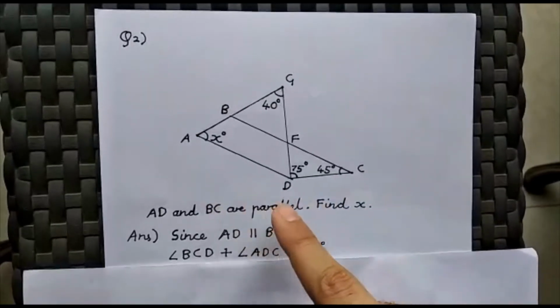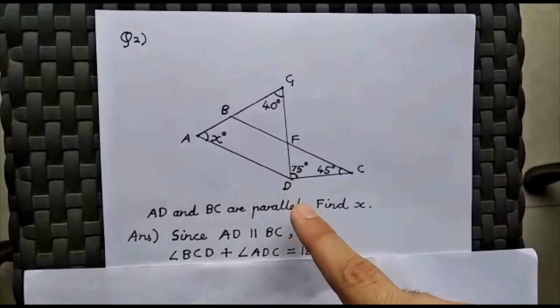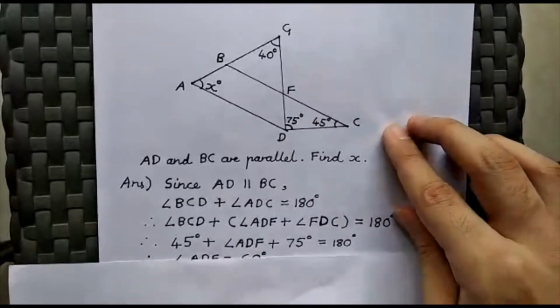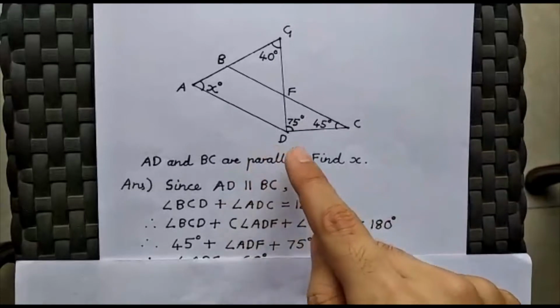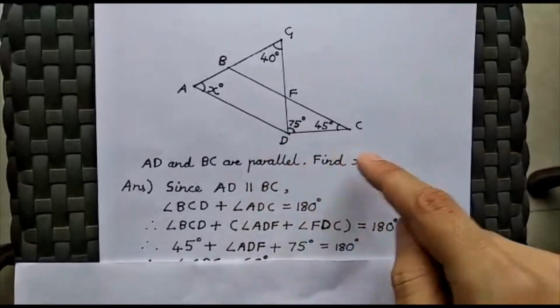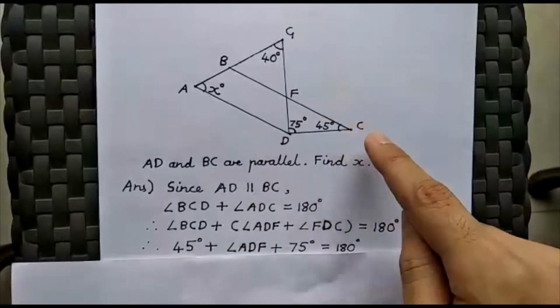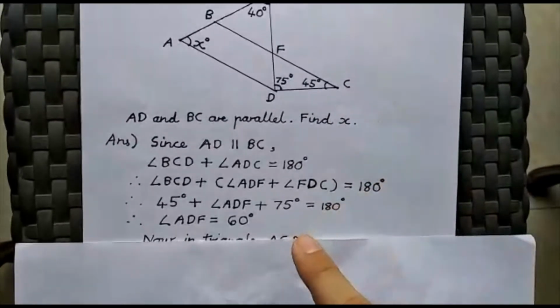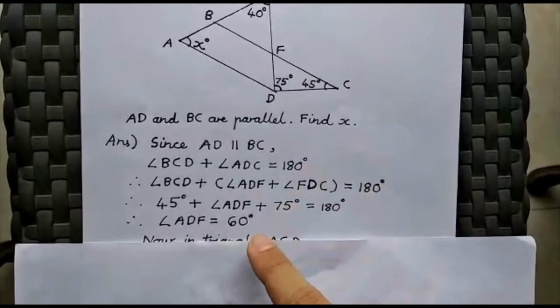But angle ADC is nothing but angle ADF plus angle FDC. So angle ADF plus angle FDC plus 45 degrees, which is FCD, will be 180 degrees. Therefore we get angle ADF to be 60 degrees.